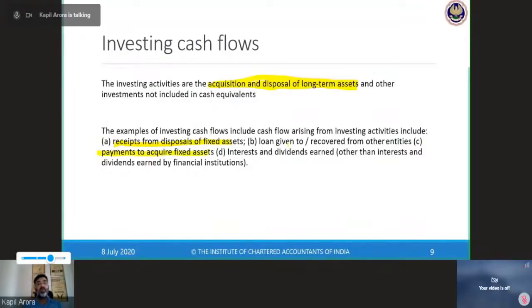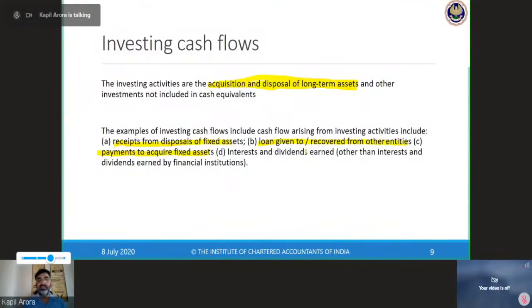If I have given a loan to anybody other than customers, right? If I give a loan or advances to the customer, that will not fall under here. If I have given a loan to somebody, let's say to my subsidiary, that loan will also be treated as an investment because I will be earning interest on that, right?